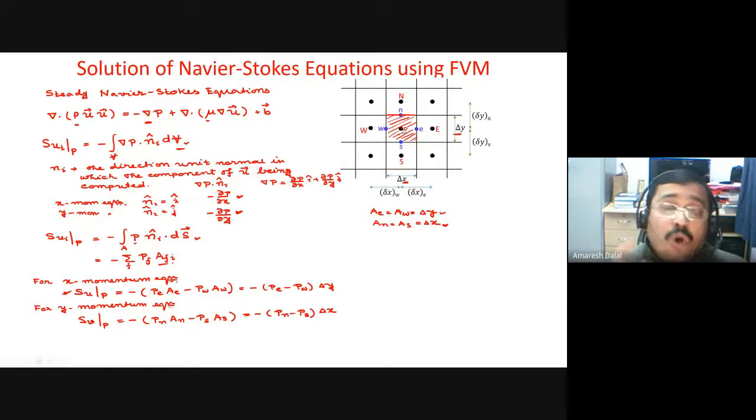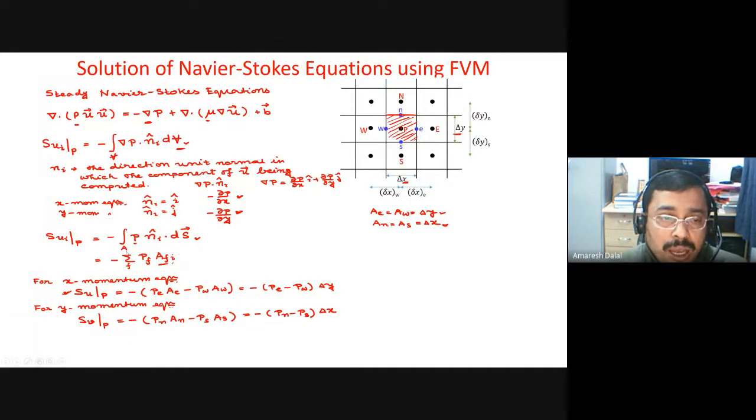Collocated grid means all the variables are stored at the same location. So at cell center P we store all velocities u, v, w, pressure, and any scalar like temperature or the mass fraction or species. So if you discretize the pressure gradient term here, we can write this minus grad P like this, and if you integrate it over this control volume, then you will get minus summation of PF.